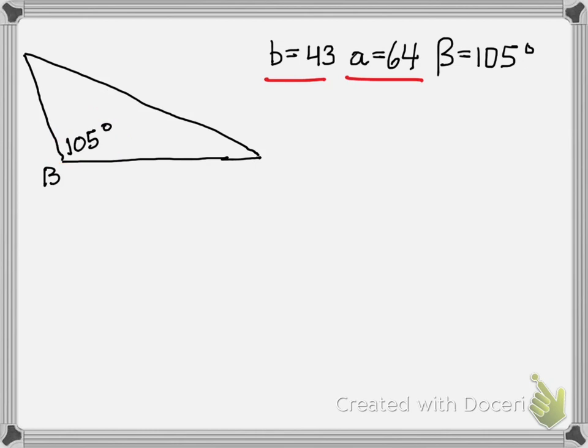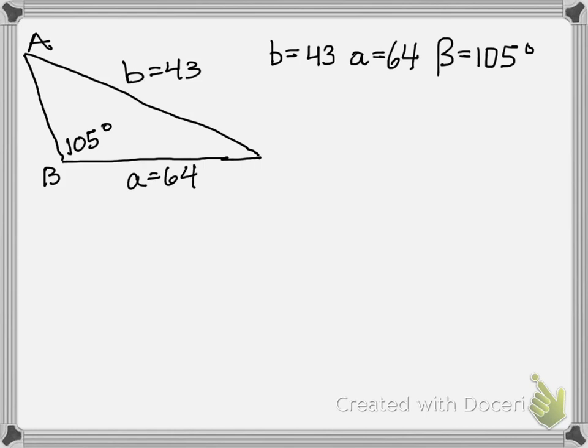So we have a triangle here that is not possible. Let's take a look at what happens if we try and solve it. So what would I do? If I were not paying attention, I would say, okay, B is equal to 43, and then I put angle A up here, and then side A is 64. And I've got a picture here that doesn't make sense.